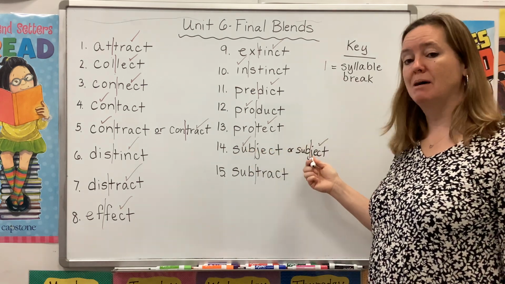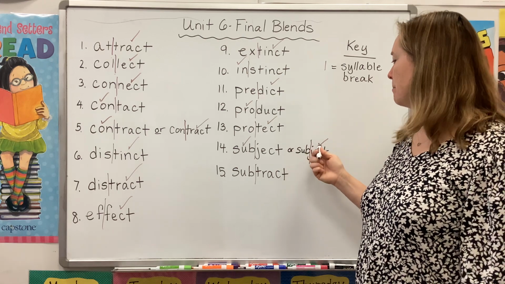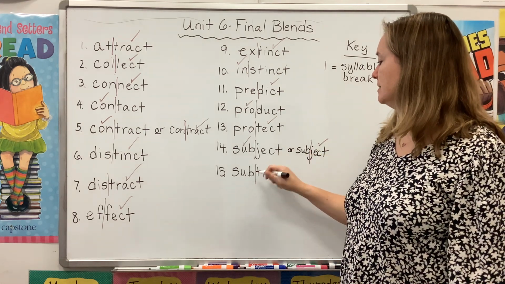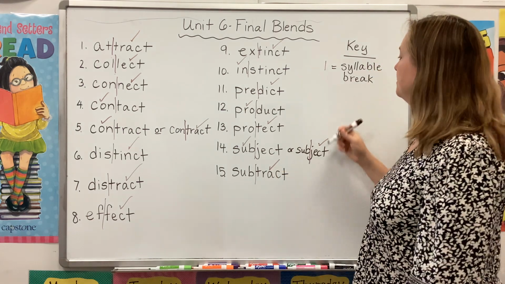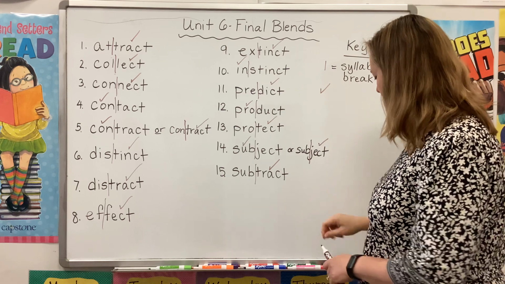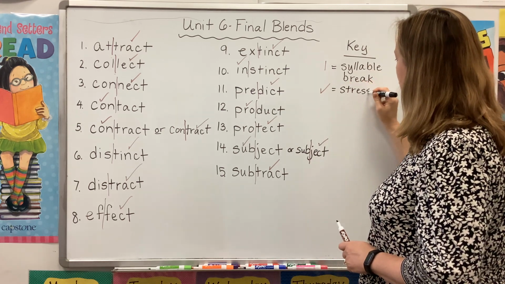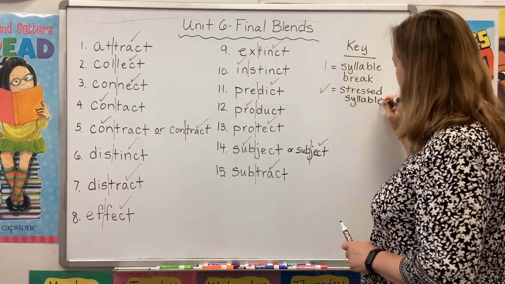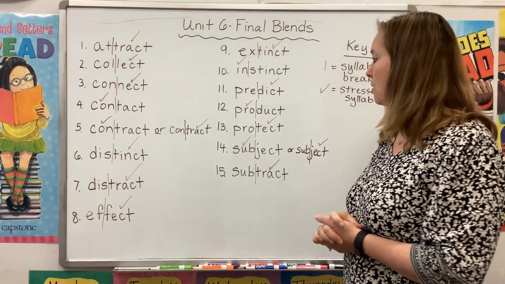But if we're talking about the action to subject someone to something, we stress the second syllable. And then our last word is subtract. Okay, so brown check equals stressed syllable.